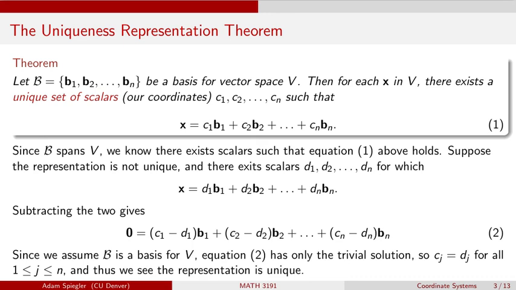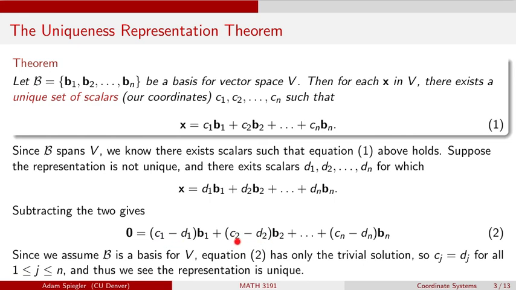Since we assumed that these vectors b1, b2, up to bn form a basis for V, we know that these vectors are linearly independent. And if these vectors are linearly independent, then this homogeneous equation has only the trivial solution. So that means this weight is 0, which tells us c1 is equal to d1.